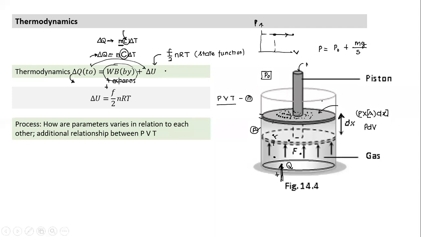Similarly, can you tell me how would you carry out a constant volume process? By keeping the position of the piston fixed. How would I carry out a constant temperature process, an isothermal process? Can you think of how to actually carry out an isothermal process as an experiment?